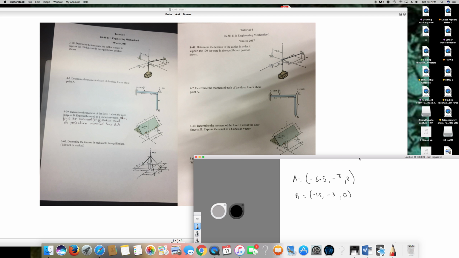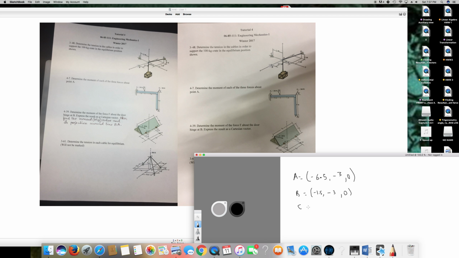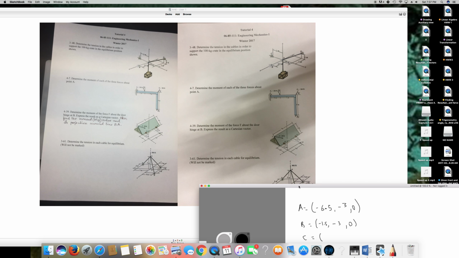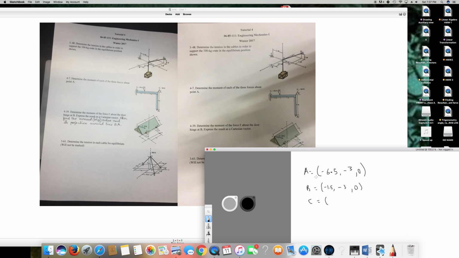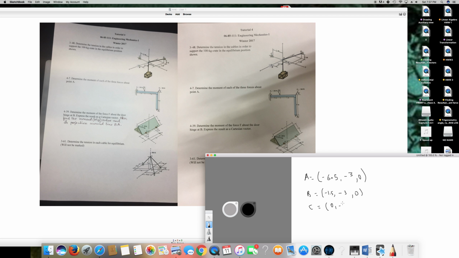For the C part, it's along the y-axis, therefore there's no x for this, so x is 0. But for the y it's going to be negative 1.5 plus, if you see, it's lifted 45 degrees, and the distance is 4 feet, so it's going to be 4 cos 45, so plus 4 cos 45.